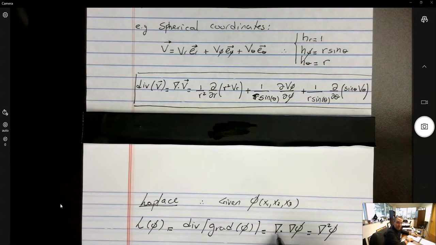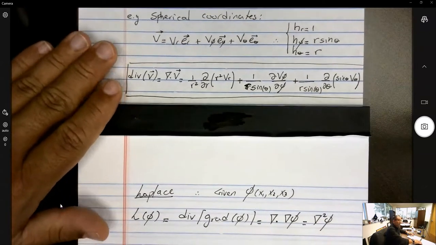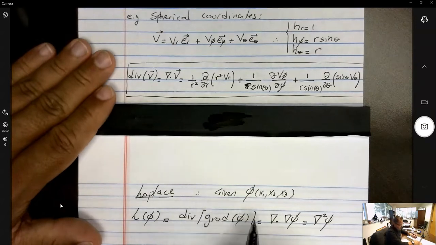So it's not the gradient of the divergence, it's the divergence of the gradient. This operation is not commutative. So we need to take the divergence of the gradient.